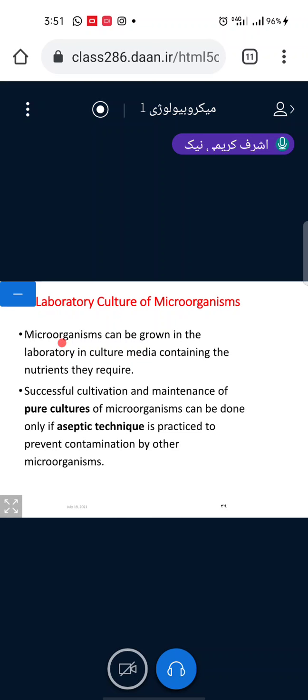You use laminar airflow when you want to culture a bacteria or a fungus, to prevent contamination.